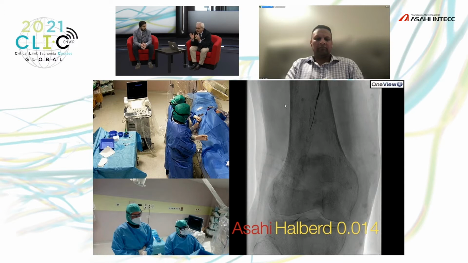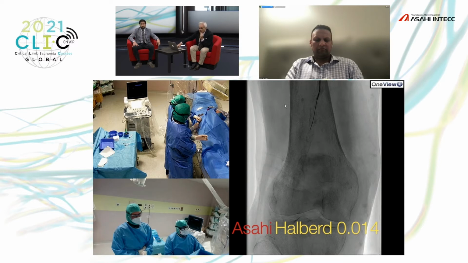But when the lesion is really long, the probability is to go out subintimal and come back into the true lumen and go out again, and probably we don't really know what's happening to the tip of our wire. But I invite you to follow this wire.